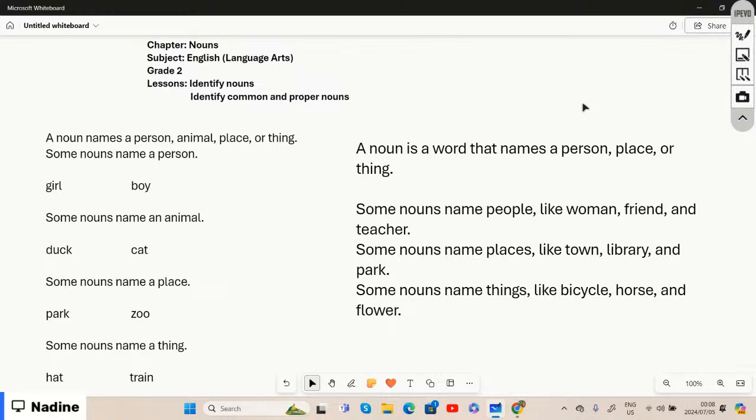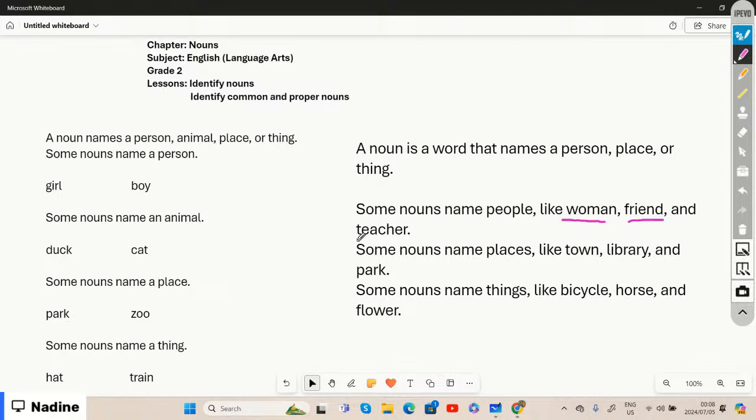All right, and once again, we said a noun is a word that names a person, place, or thing, even animals, or you can just say things and animals in one go, right? And here we also have more examples of nouns that name people, like woman, friend, teacher.